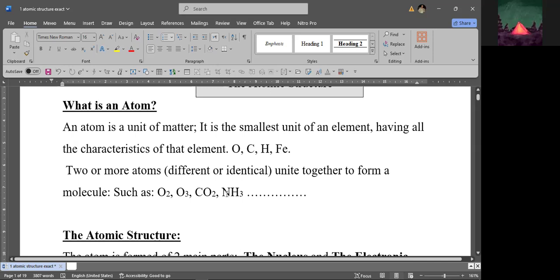Carbon dioxide and ammonia are formed of different atoms. So these molecules are called compounds. Okay, carbon dioxide is a compound, not an element, because it's composed of different atoms. And then these four samples are molecules.